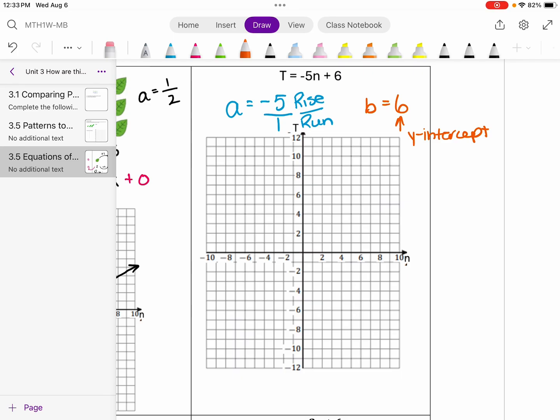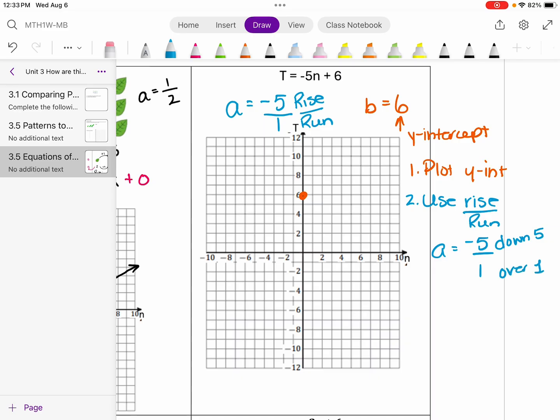So I'm going to choose to start by plotting my y-intercept first, which is 6. And then I'm going to use my rise over run. In this case, my rise over run is -5/1. So this means down 5 over 1.